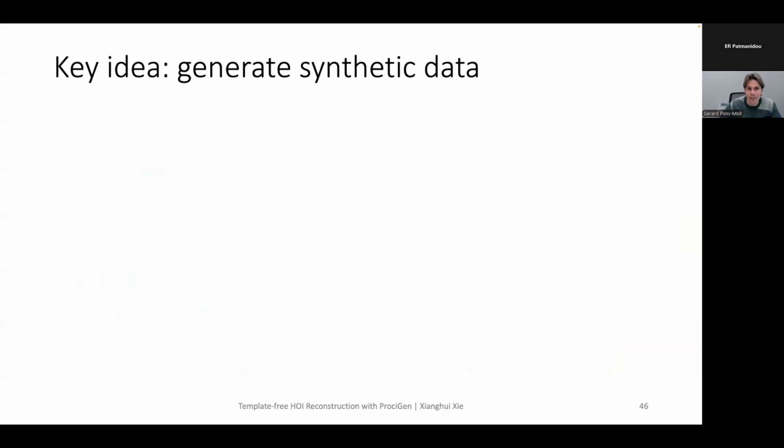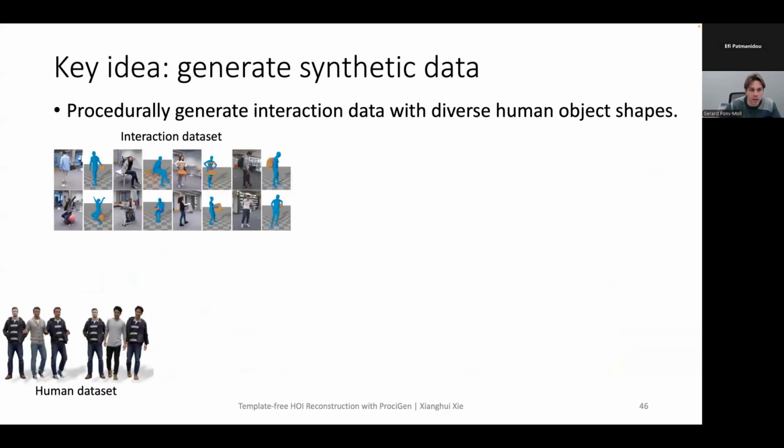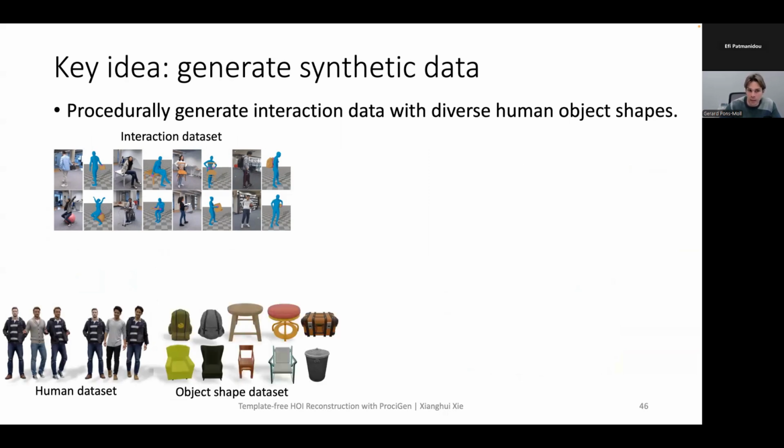Well, a key idea is to generate synthetic data procedurally. The basic assumption here is that if we take this interaction dataset, and we take a human dataset, and we take an object shape dataset like Objaverse, we can mix and match and have multiplicative scaling in the amount of data that we have.